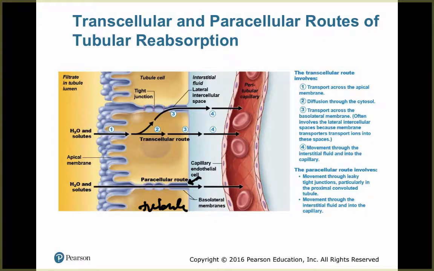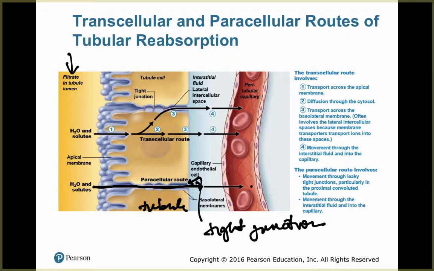And these, if you remember, are tight junctions. So for the paracellular route, water and solute just go straight through the tight junction, then diffuse through the interstitial fluid and into the blood when we reabsorb out of the tubule lumen, right?